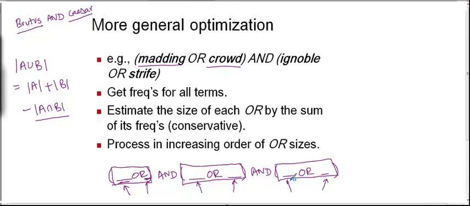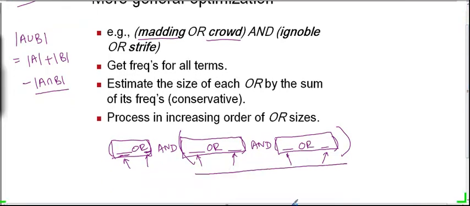So if this length and this length both end up being smaller than this length, that is, this ends up being the largest value when we estimate the size of the OR term, we'll parenthesize in this way, calculate this result first, which we will then AND with this particular result.